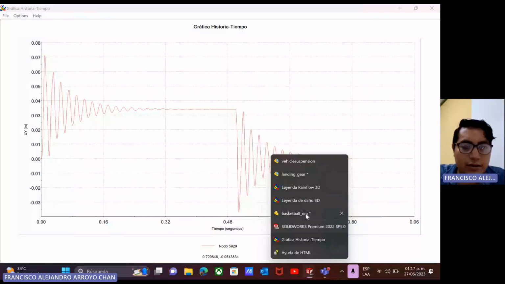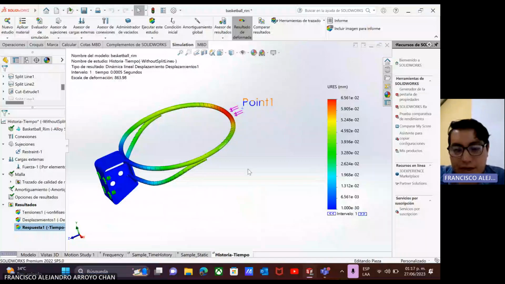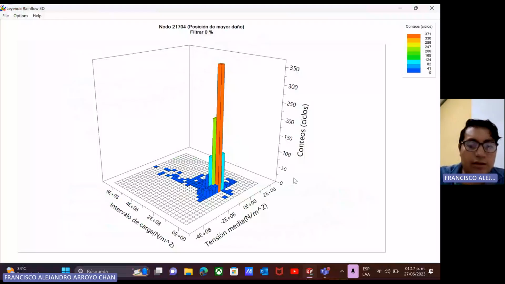So this can help to check, for example, some parts to study the fatigue in some point and obtain the graphic to compare the rainflow, for example, in this one, the tension with the forces in that stress area. So very useful for making projects.